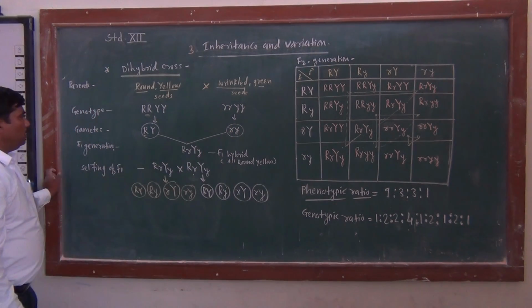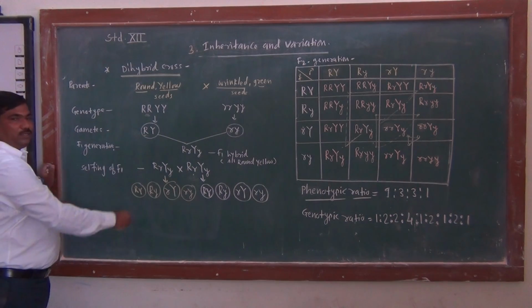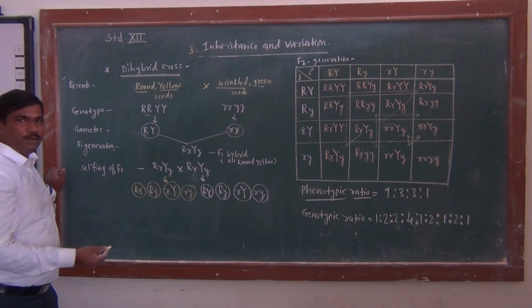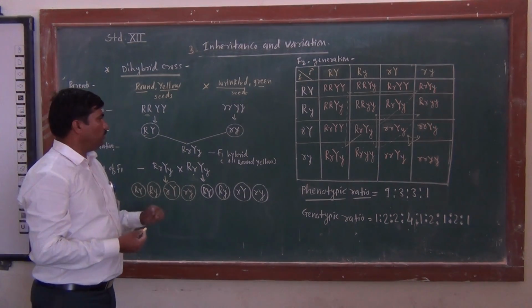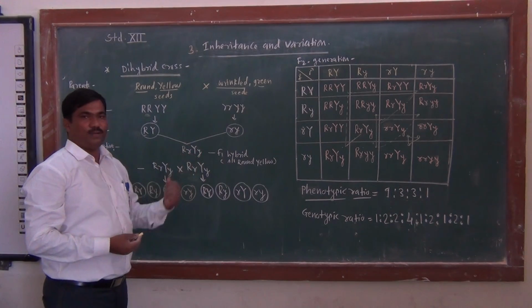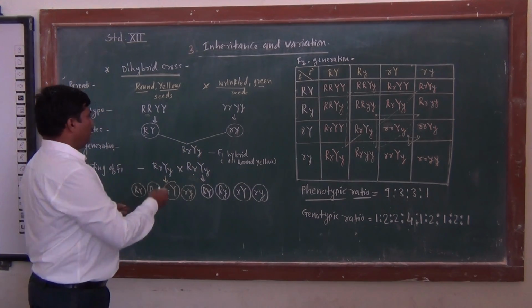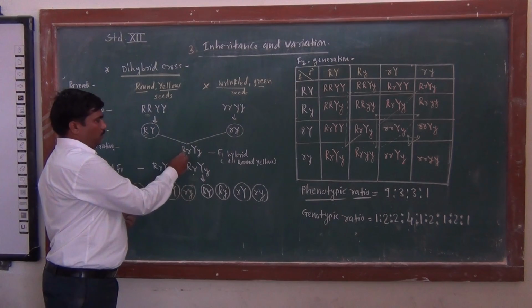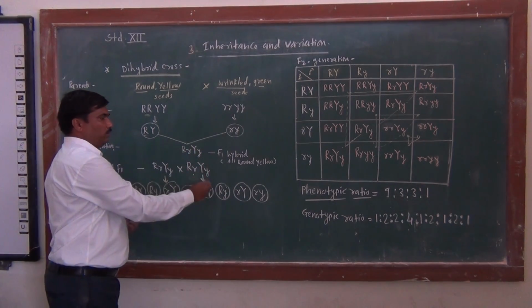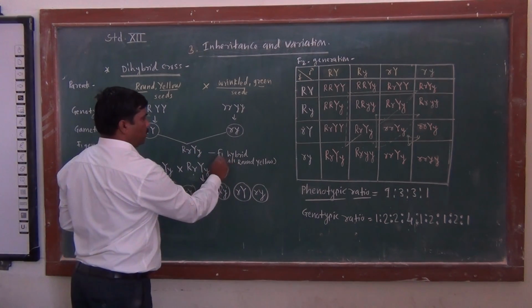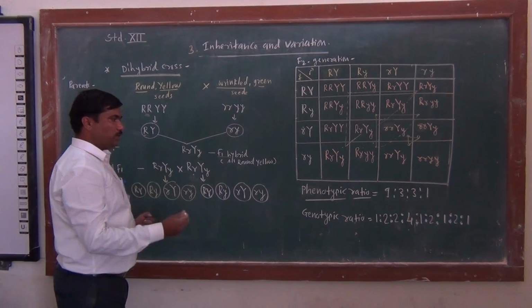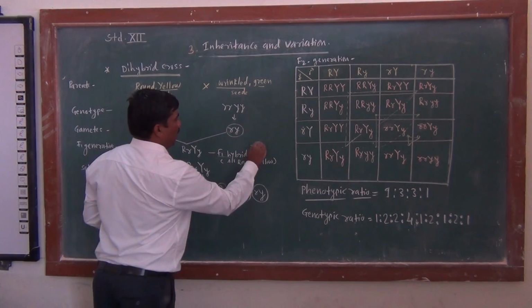Then these male and female gametes fuse together to form the F1 generation. The individuals obtained in the F1 generation are called the F1 hybrid, also known as a dihybrid.